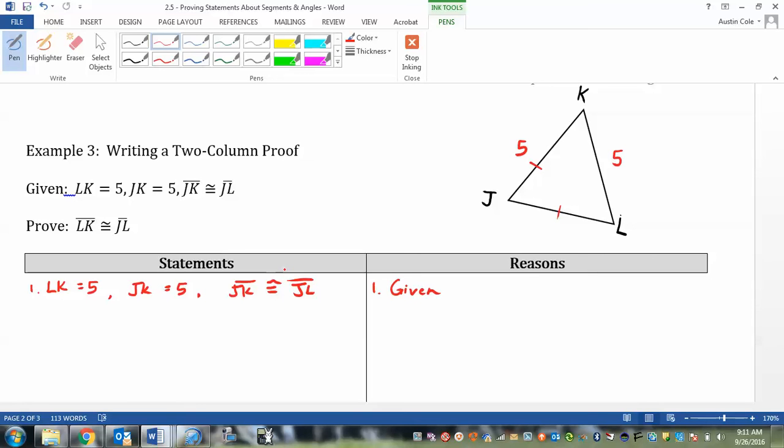But the problem is we have to spell it out for everybody. Imagine the person that's reading this proof doesn't quite know it all. So we have to spell it out. So we're going to say just that. LK is equal to JK. What's our reasoning there?